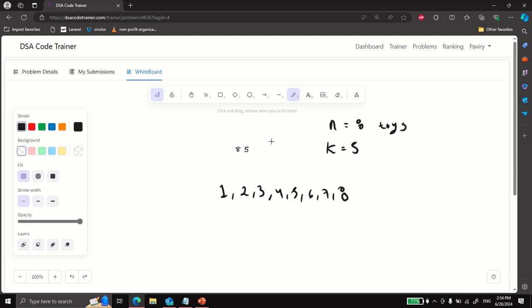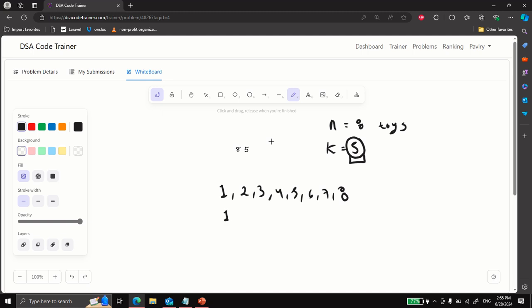It means that the first toy costs 1, the second 2, the third costs 3, and so on. And we have to select the 2 toys with which we can add 5, and we have to print how many different pairs we can select.